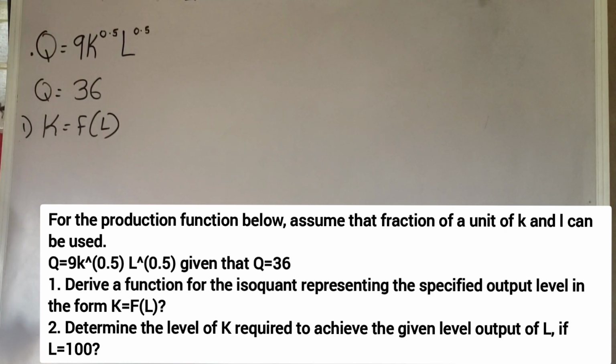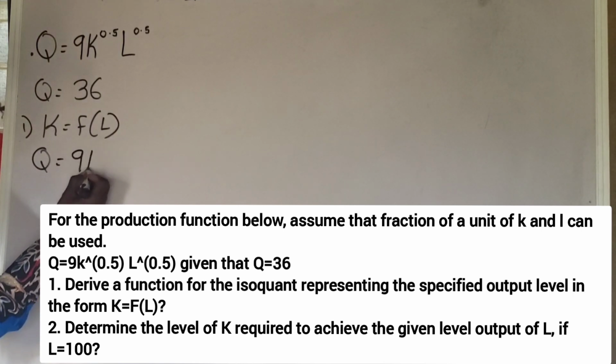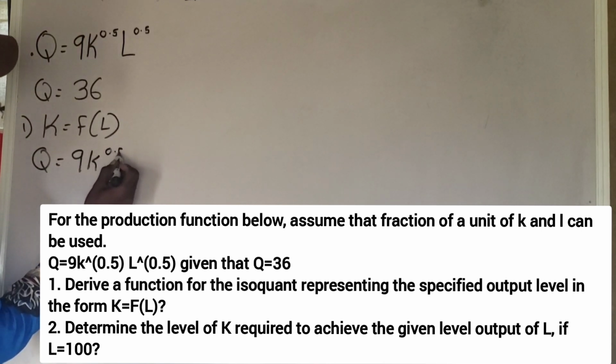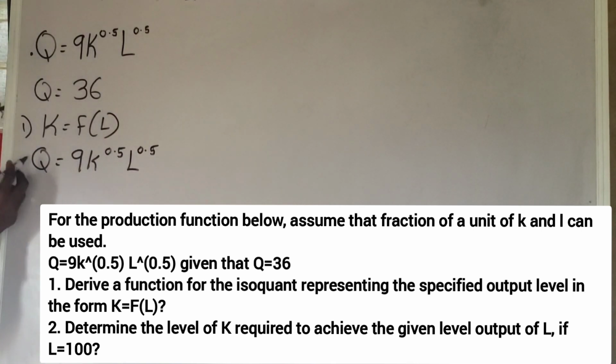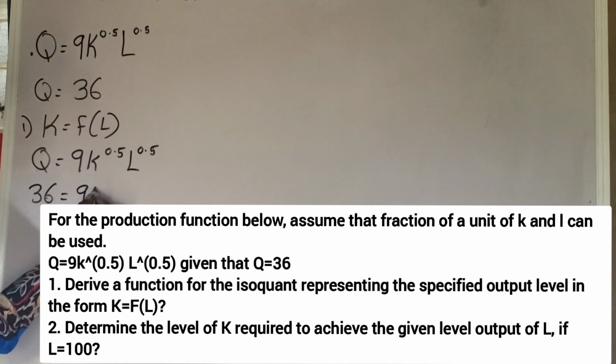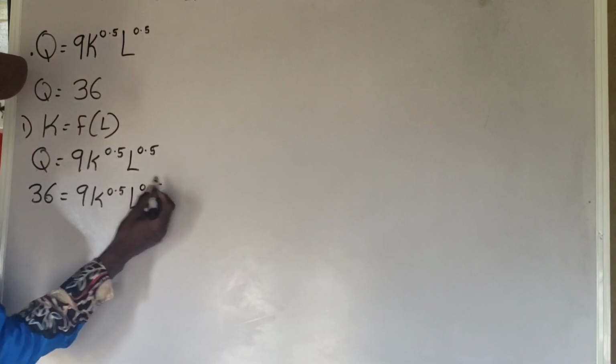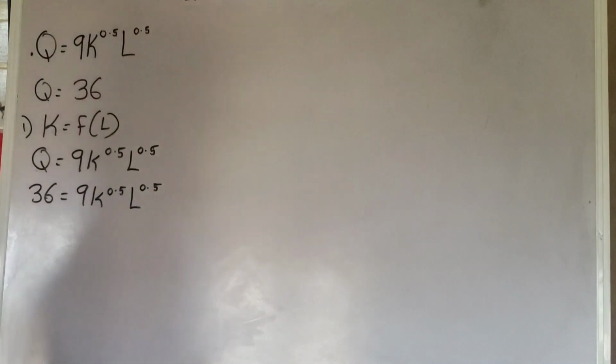So let's go back to our production function. Our production function is Q equals 9K raised to the power of 0.5 and L raised to the power of 0.5. Now, Q equals 36. So I'm going to have 36 equals 9K^0.5 L^0.5. The next step is to divide both sides by 9.